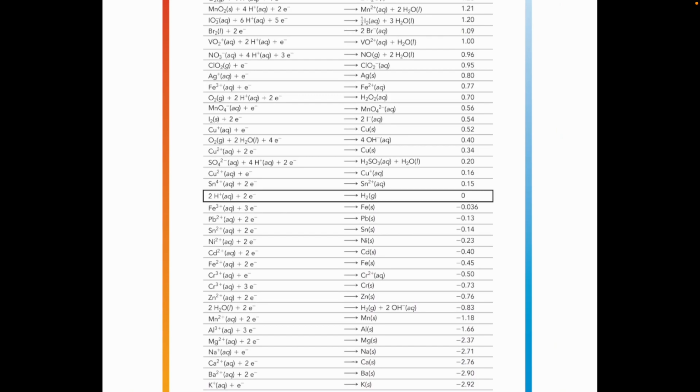All right, so I got 1 for bromine. For the sake of being able to see everything a little easier, I'm going to copy and paste this to another page.